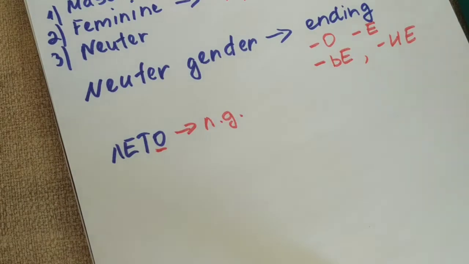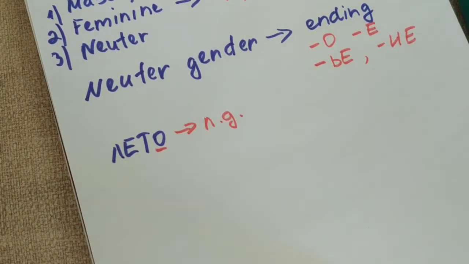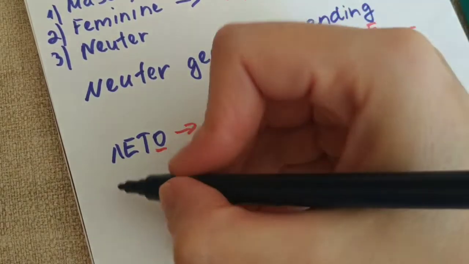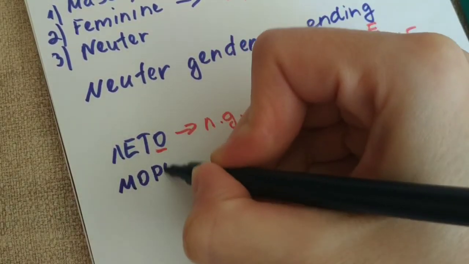And leto means summer. As you can notice, there is no hidden meaning, hidden notion to this separation of the nouns into three genders. It is just a grammar thing, just something that you have to know to build your sentences in a correct grammatical way.